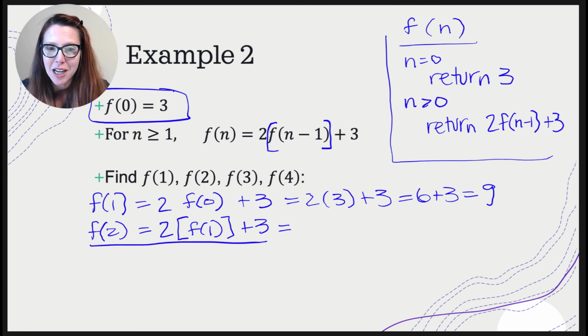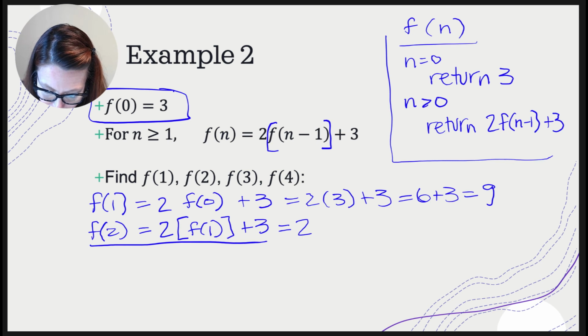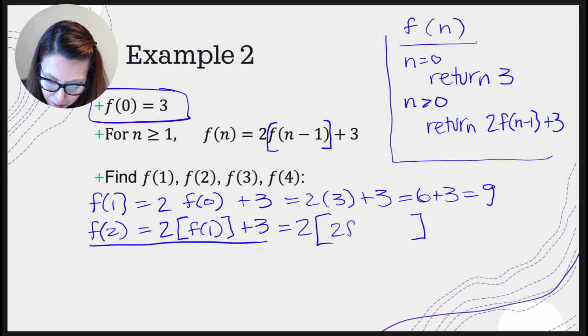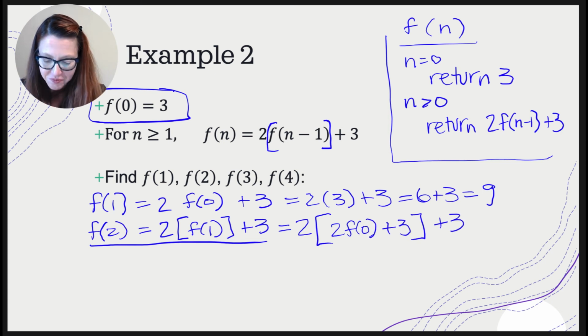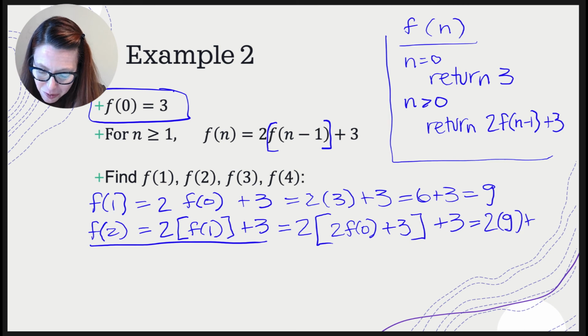So that's 2 times 9 plus 3. But really what's happening is that this becomes 2 times the value of f of 1, which is 2 times f of 0 plus 3, all plus 3. And so it resolves in that fashion. And so that does become 2 times 9 plus 3, or 21.